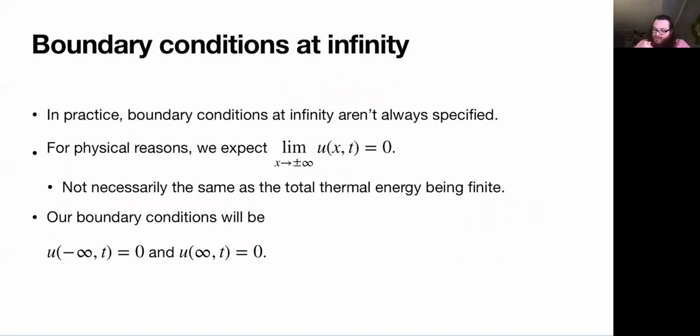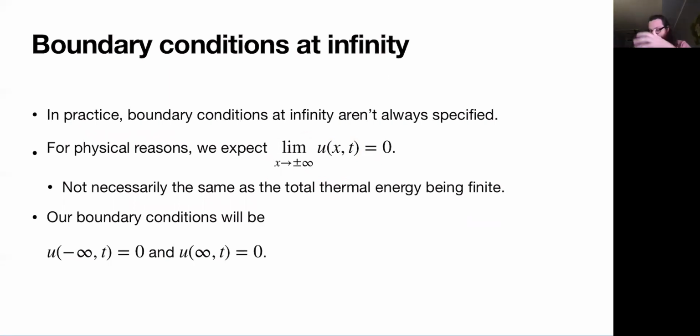In practice, we don't usually state these boundary conditions at infinity; they are usually implicit. Physically speaking, we'd expect that the temperature tends to 0 as you go to plus or minus infinity. Something about a finite amount of energy in the universe. If you walk far enough away from a heat source, you're not going to feel any of that energy.